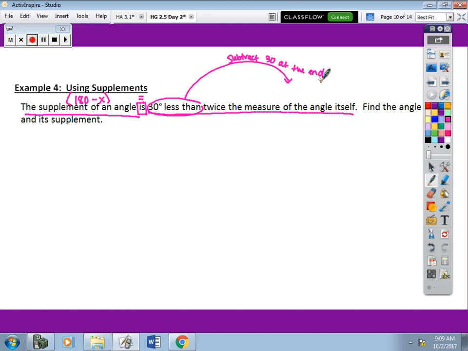Okay, it's not 30 minus, it's 30 less than twice the measure of the angle. So twice is 2 times the angle itself, which would be x. And again, I'm taking 30 less than that, which would be to subtract 30 at the end. So putting that all together, I'm going to have 180 minus x equals 2x minus 30.